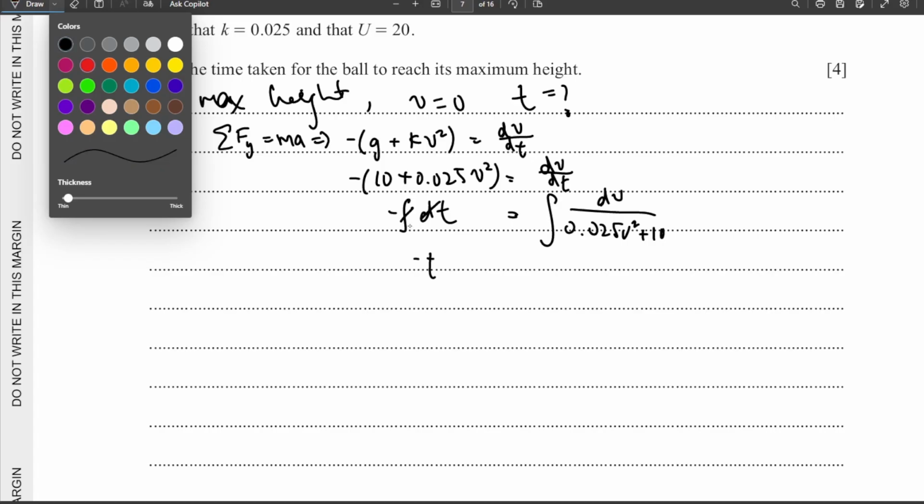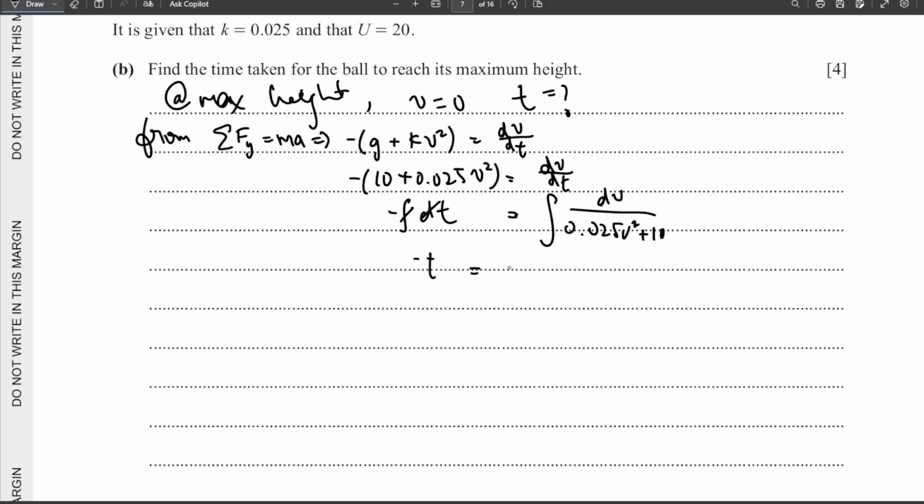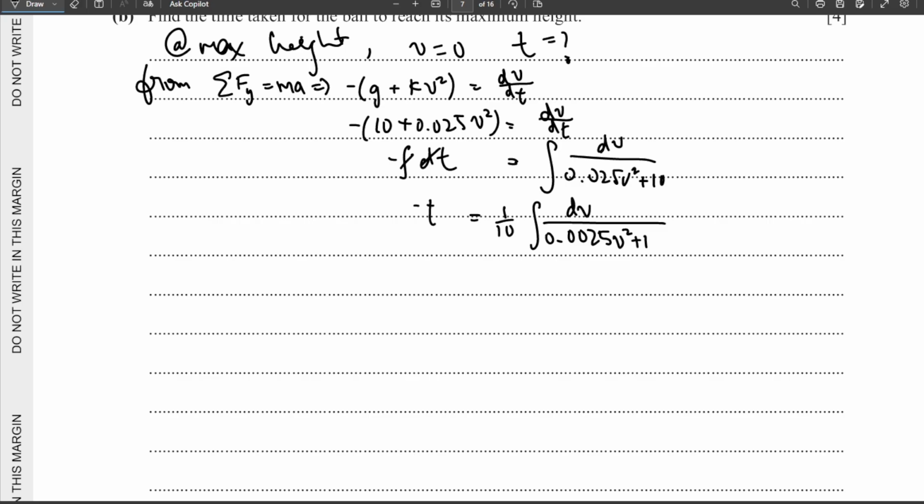First, I want to get rid of this 10 so that it's just a plus 1 behind, so I'll take the 1 over 10 out of the integral. So it becomes this equation. And 0.0025, we can rewrite as 1 over 400, so it's easier to do some manipulation this way.